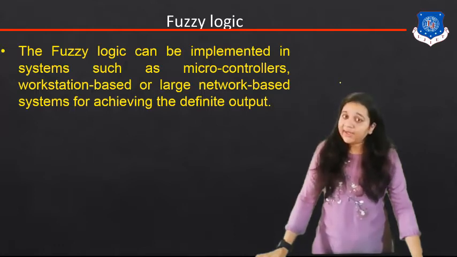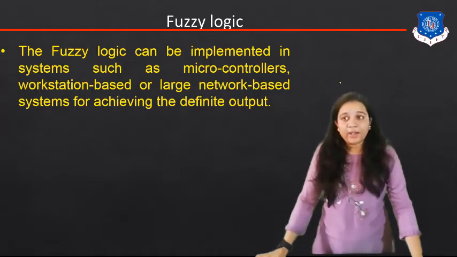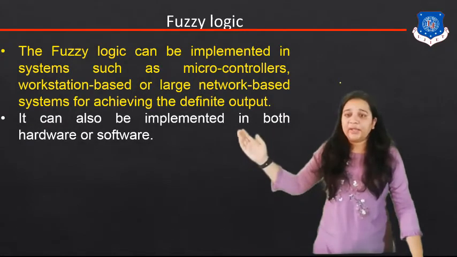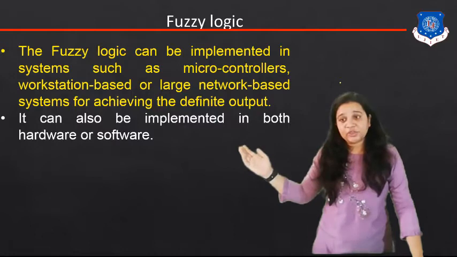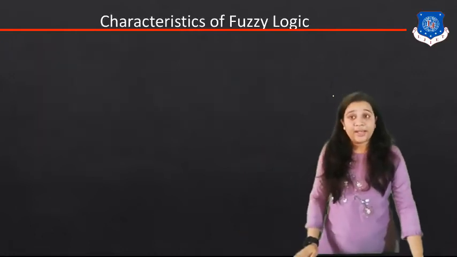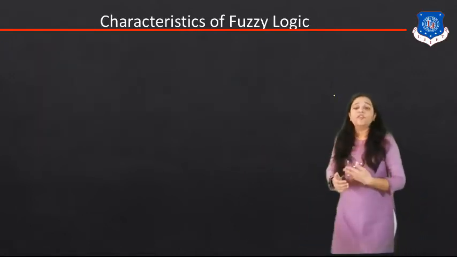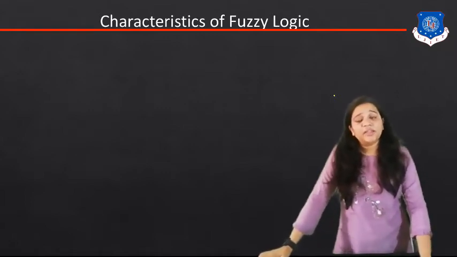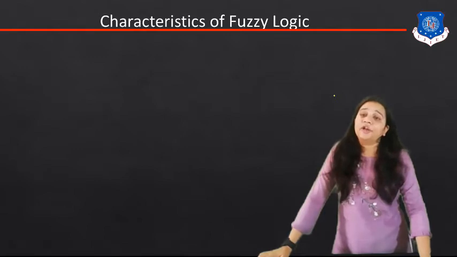This does not mean that Boolean logic is not a proper method for such a system. It depends on the plant or system which logic is better for that particular plant. It can also be implemented in both hardware and software, and for that we have defined fuzzy logic in different characteristics, because we deal with different plants in control systems.